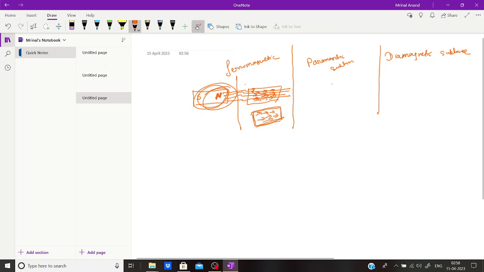Secondly, in the case of paramagnetic substances, suppose you have the north, and this one is the south.